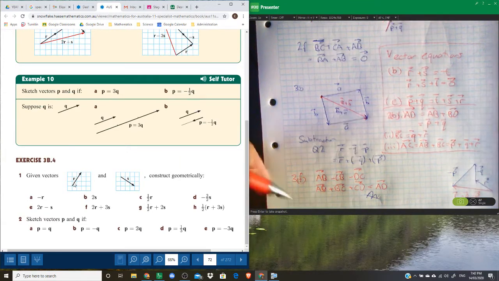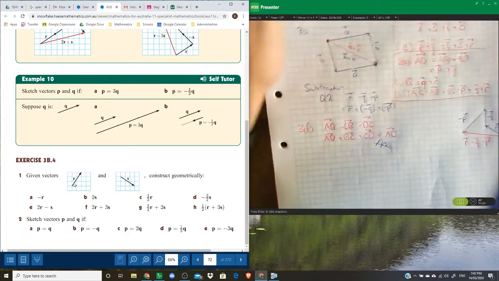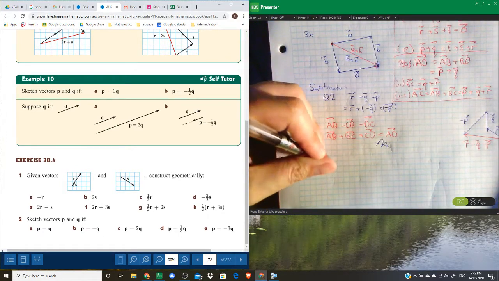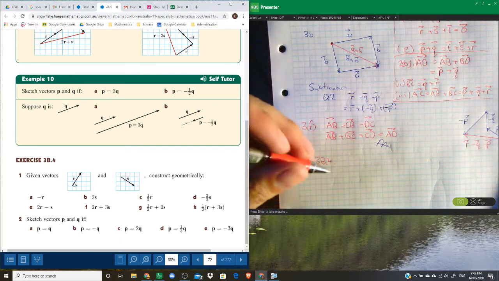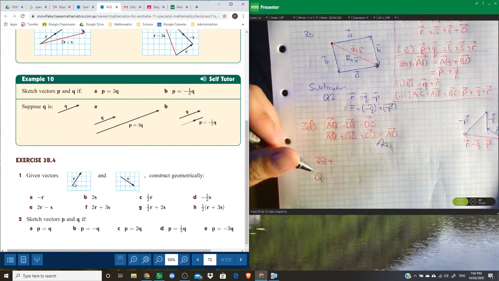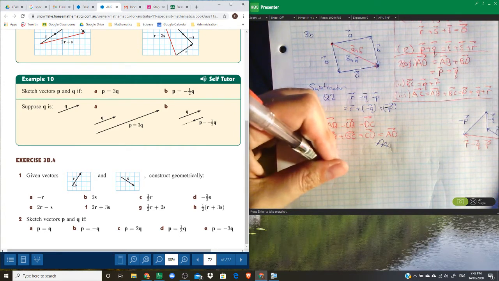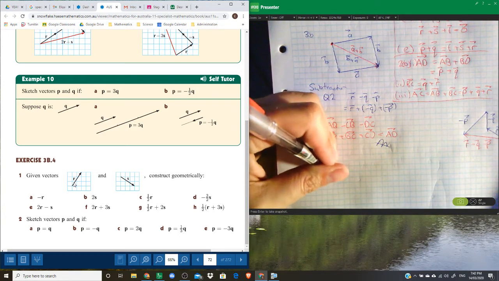So if I was to do, maybe it gets a bit more space, okay, 3b questions, I'll do a simple one. I'll do question 1b.